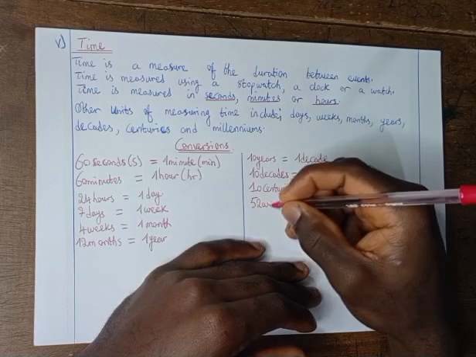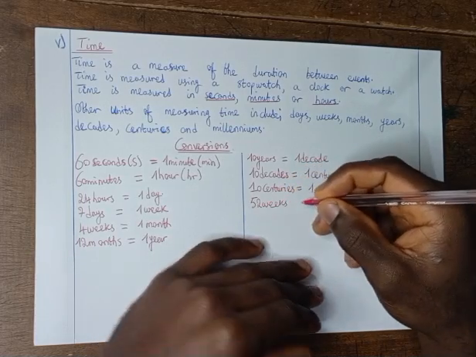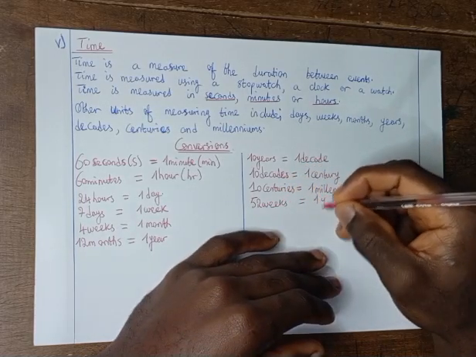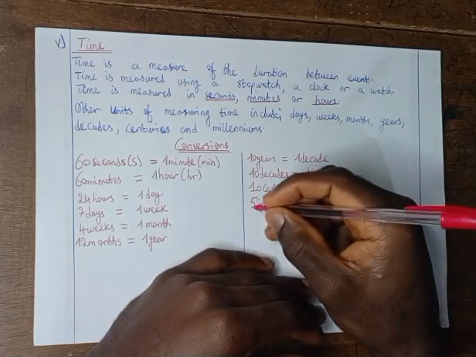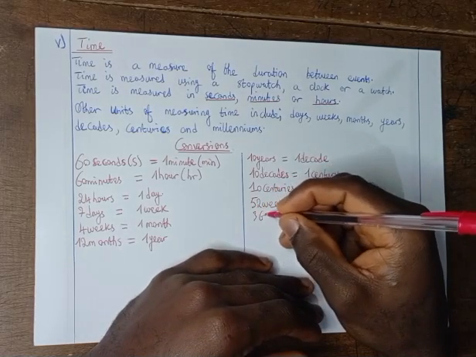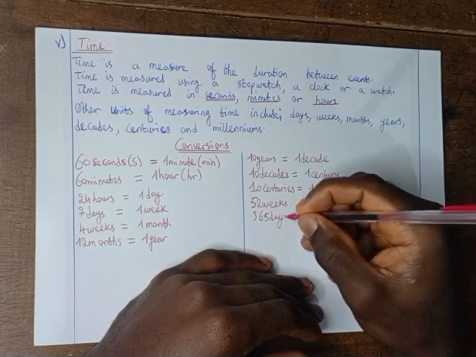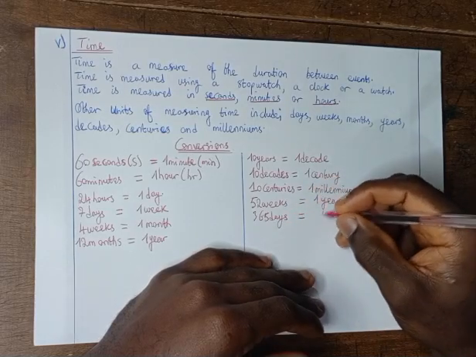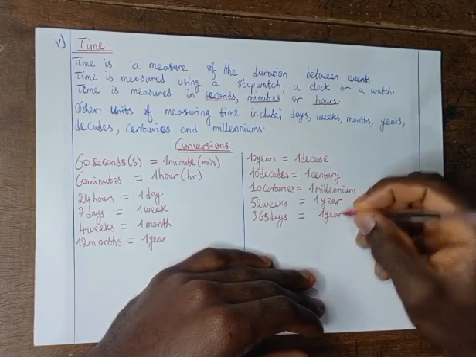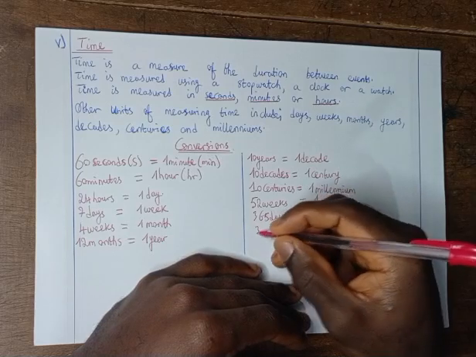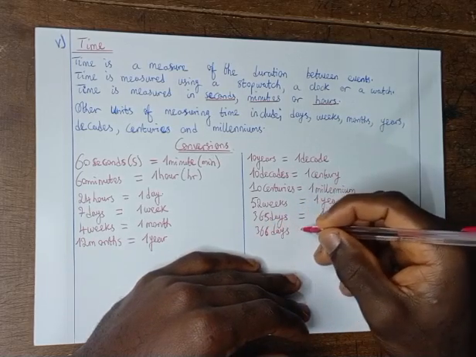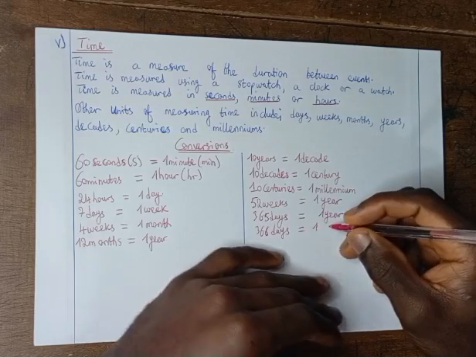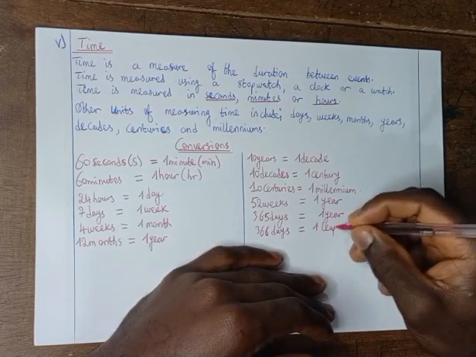52 weeks is equal to 1 year. 365 days is equal to 1 year. 366 days is equal to 1 leap year.